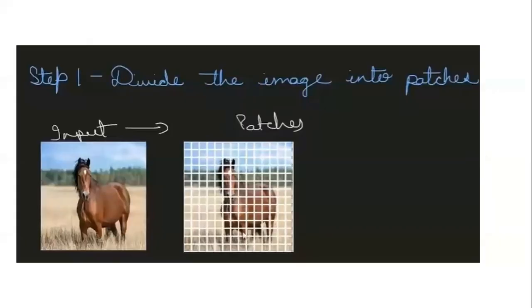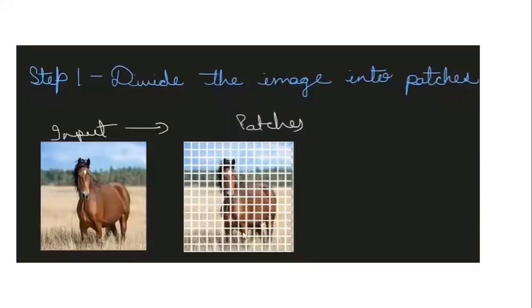Coming to the patches slide, for example, we have an input image of a horse. I am dividing this input image into multiple parts, so that one part becomes a patch of the image. Let's assume we are dividing this image into 16 by 16 patches. The total number of patches you can calculate as 16 times 16.